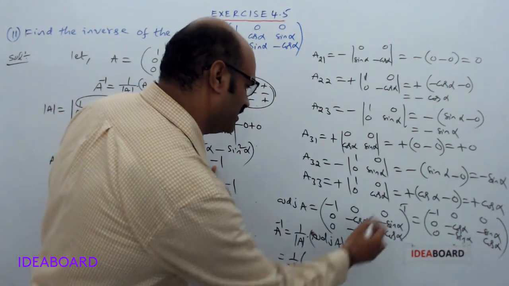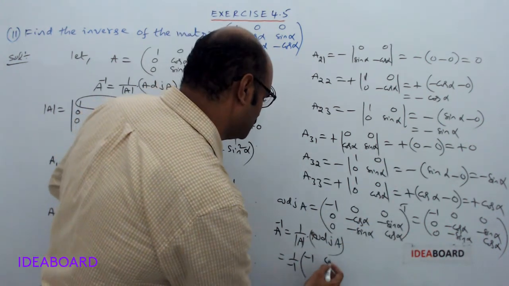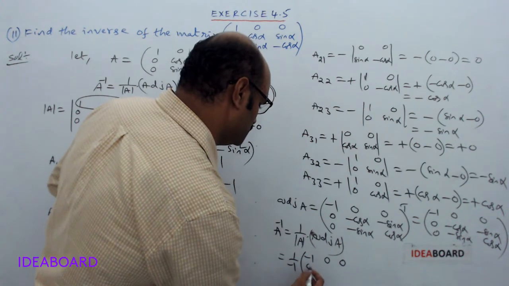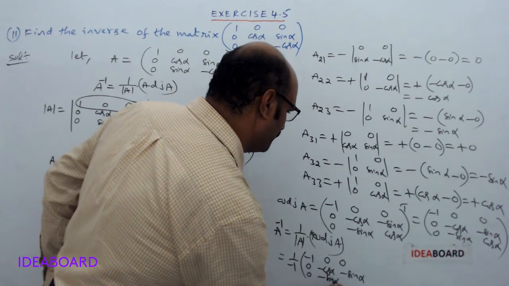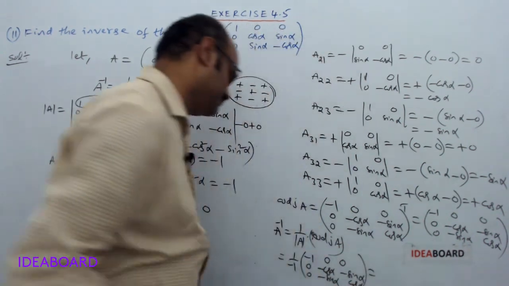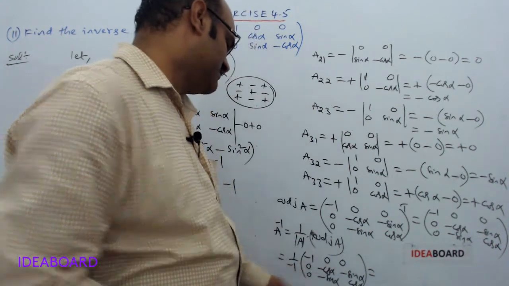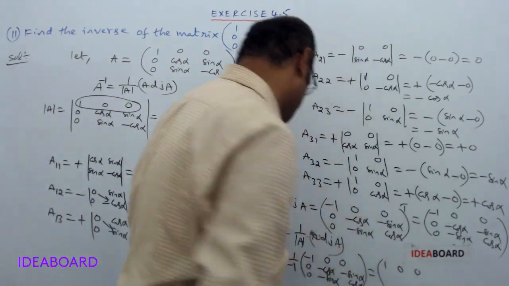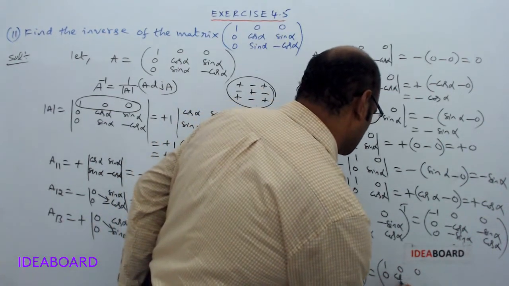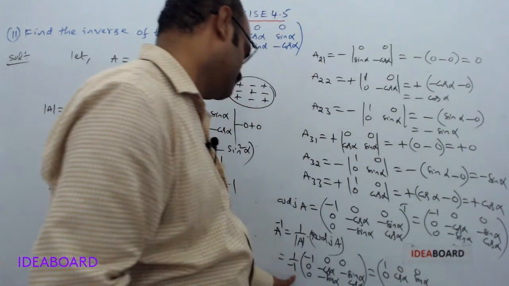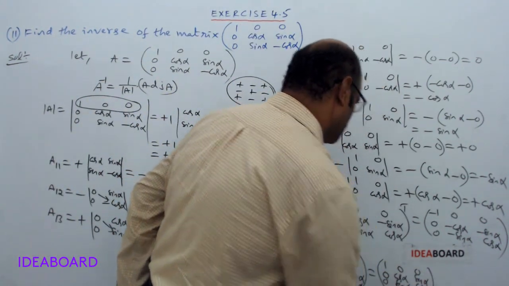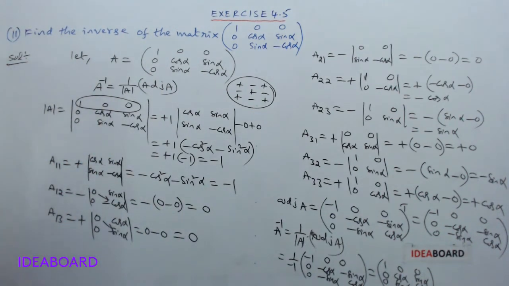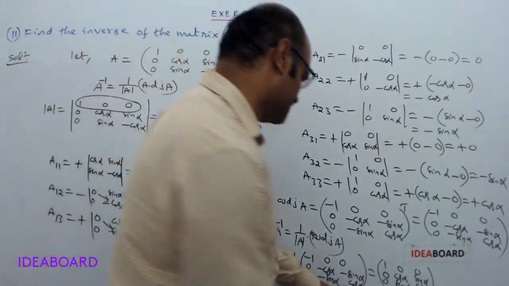So 1 by minus 1 into adjoint of A equal to minus 1, 0, 0, 0, minus cos alpha, minus sin alpha, 0, minus sin alpha, cos alpha, equal to, multiply with minus 1, 1, 0, 0, 0, cos alpha, sin alpha, 0, sin alpha, minus cos alpha.